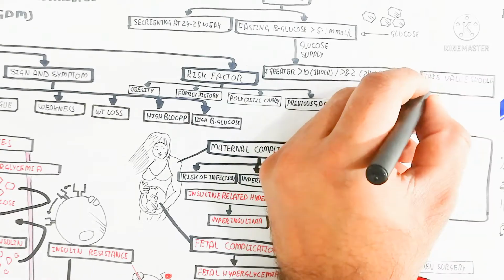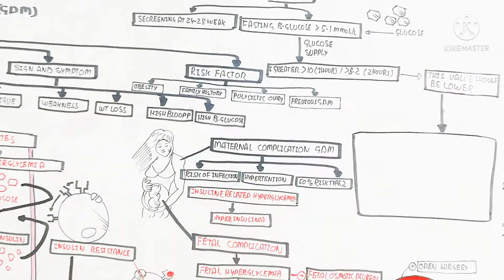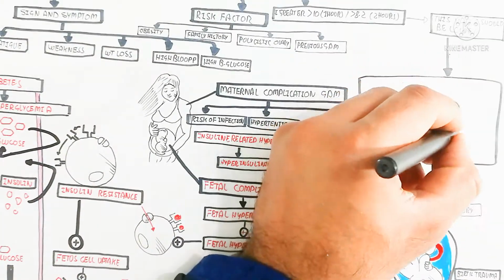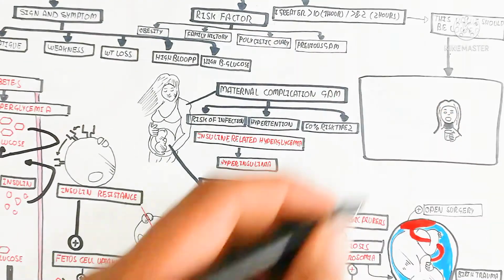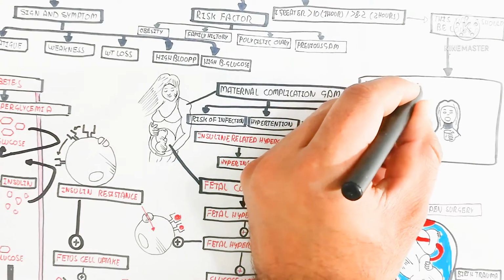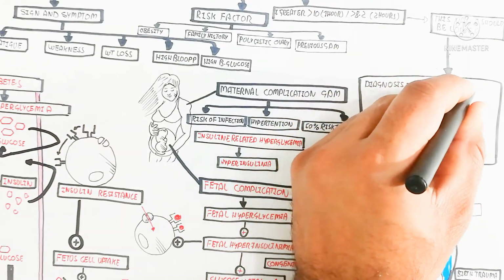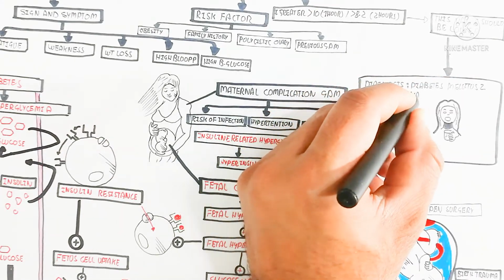So this value should be lower, but when these values occur in this way, the diagnosis looks like type 2 diabetes mellitus in a non-pregnant person. For example, if we diagnose diabetes mellitus 2, the same mechanism applies.